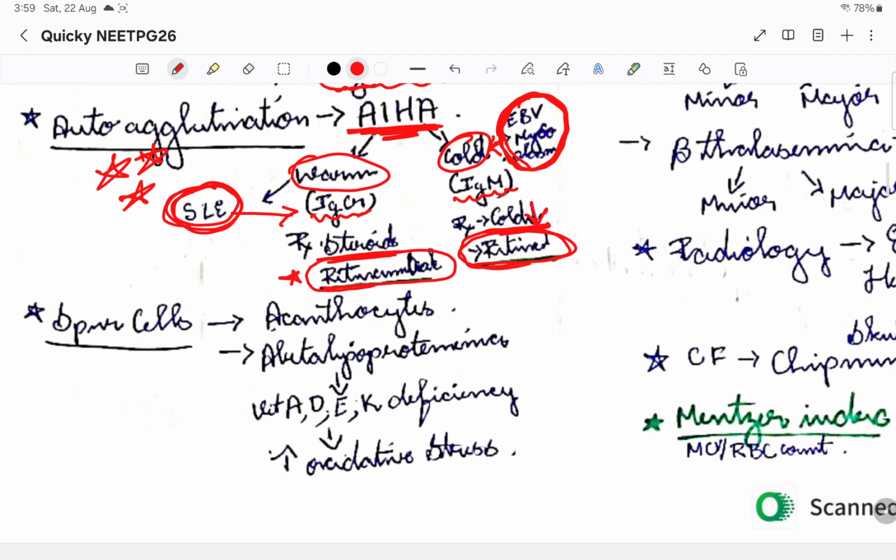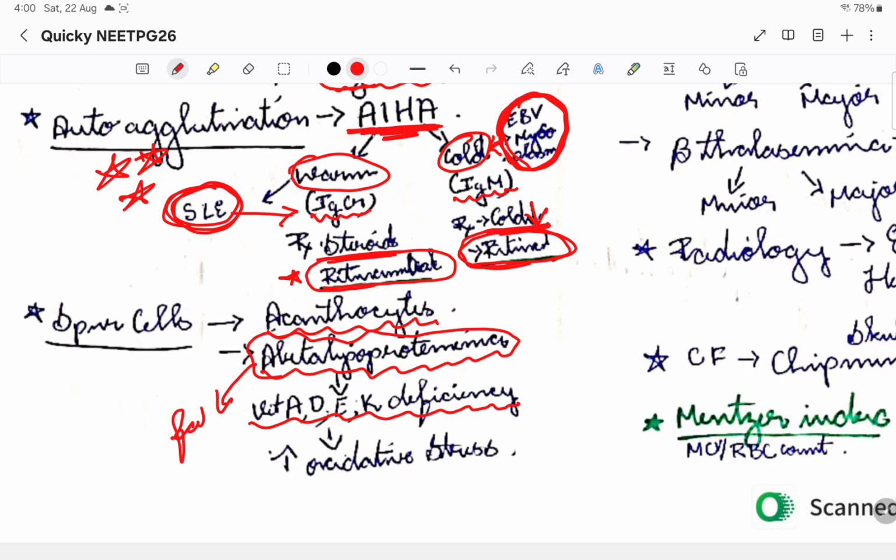Then coming to spur cells, it is going to be acanthocytes. What is acanthocytes? We discussed the same thing in biochemistry, right? The last point that we discussed was abetalipoproteinemia, where ADEK deficiency is there because there is no fat absorption.